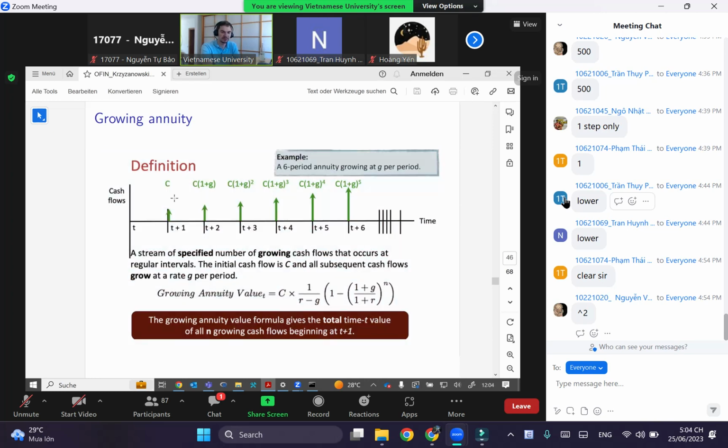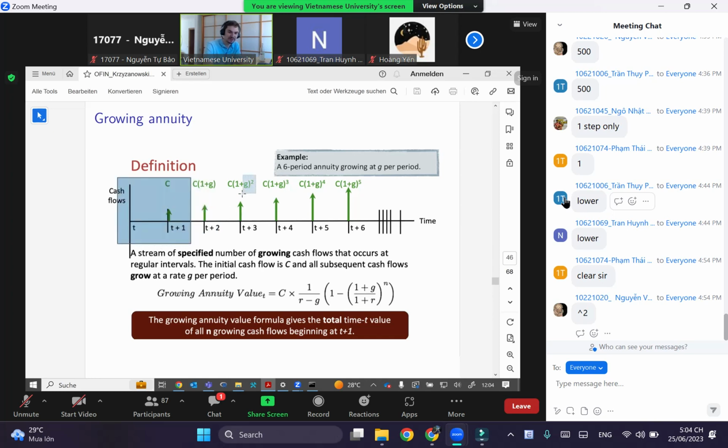We could say, what is the time t value of our first cash flow from this growing annuity? This would be C divided by 1 plus R. What is the time t value of the cash flow from the second period? Well, it would be C times 1 plus G divided by 1 plus R to the power of 2, because we go down 2 steps.